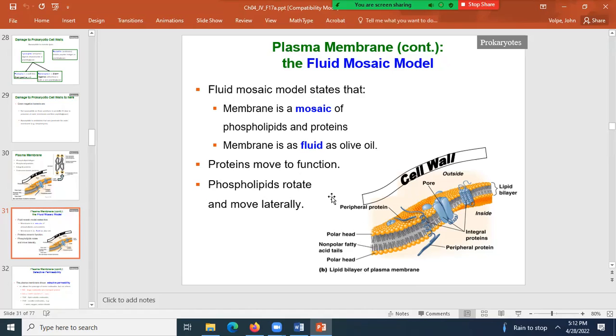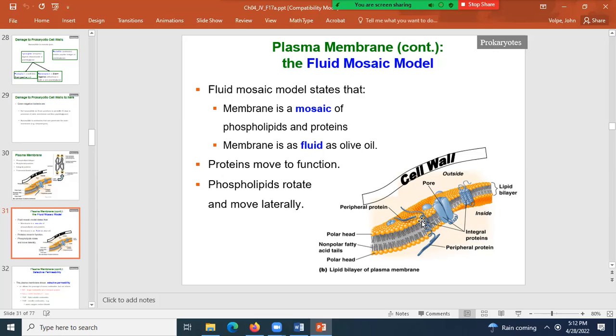The only exception are the proteins which are anchored in place. A protein which is bound to the extracellular matrix or to the intracellular matrix, and we'll talk a little bit about the intracellular matrix later. It's a network of proteins running throughout the cell. If it's bound to one of the matrices, that protein will not move. So think of this as, say, a cell in the bone, and we have a protein here which binds to the matrix of the bone.